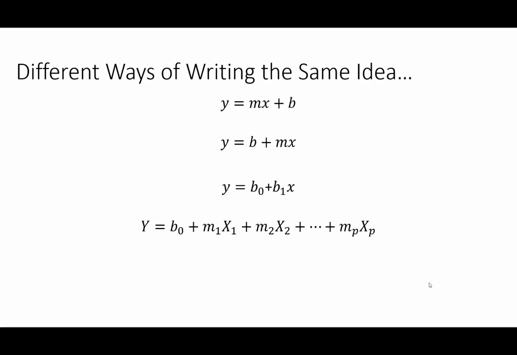The overall y is going to be the intercept plus the slope of the first variable times the value for the first variable plus the slope of the second variable times the value of the second variable, etc., till the slope of the last variable times the value of the last variable. And these are all different iterations of the same kind of idea.